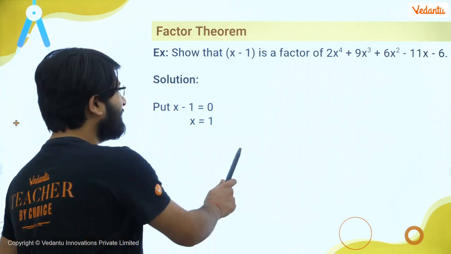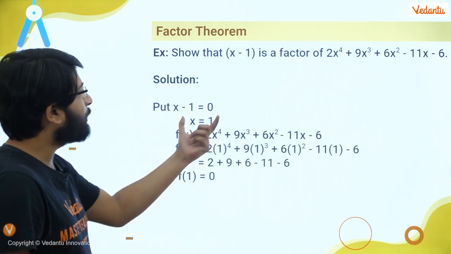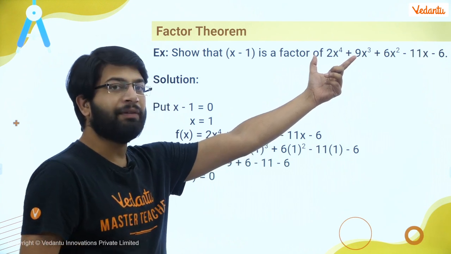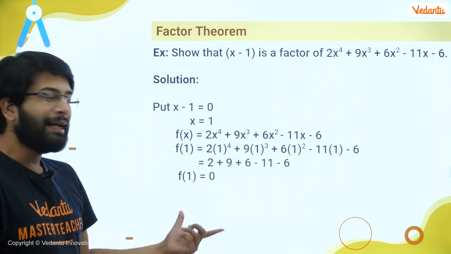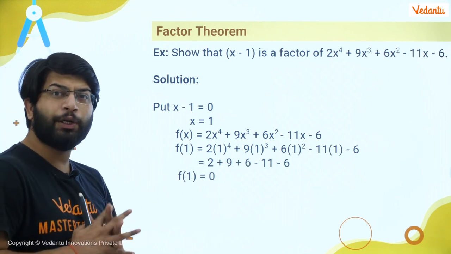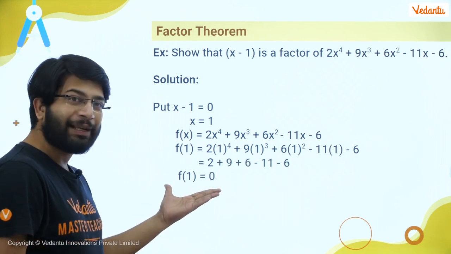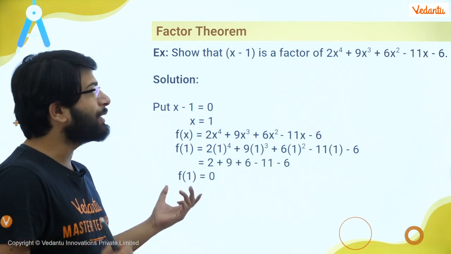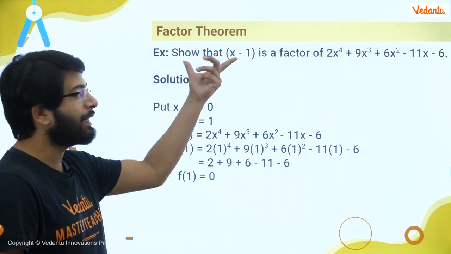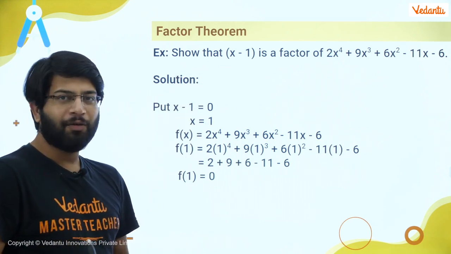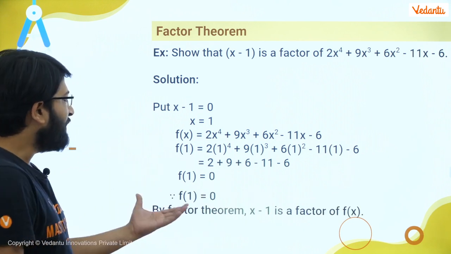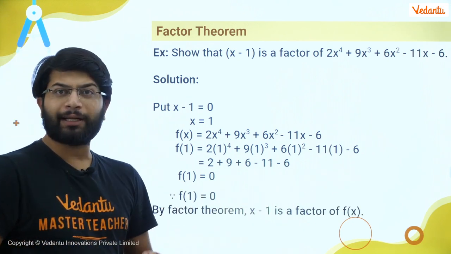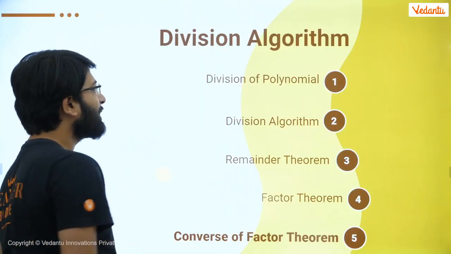Simply we will put x equal to 1 in this and check whether we are getting the value 0 or not. And here we can see the value of the polynomial is 0 at x equal to 1. This means x equal to 1 is a zero and x minus 1 is a factor. Very easy. By the factor theorem, x minus 1 is a factor of f(x).